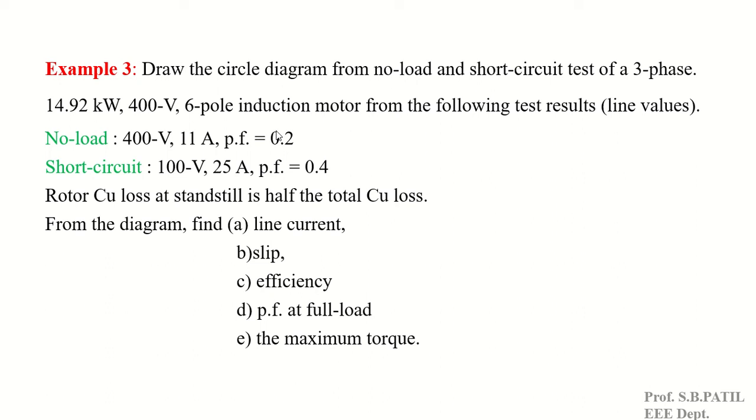We have to calculate this by using the no load voltage, no load current and no load power factor. By this you can find the no load power, and here you can calculate the short circuit power. By using this, you have to draw the circle diagram, and from the circle diagram, line current, slip, efficiency, full load power factor and maximum torque you can find.